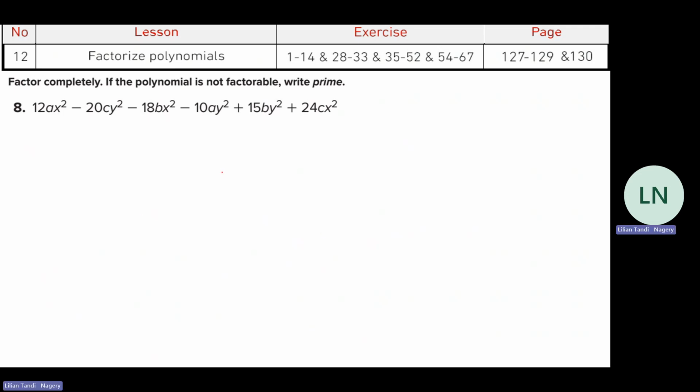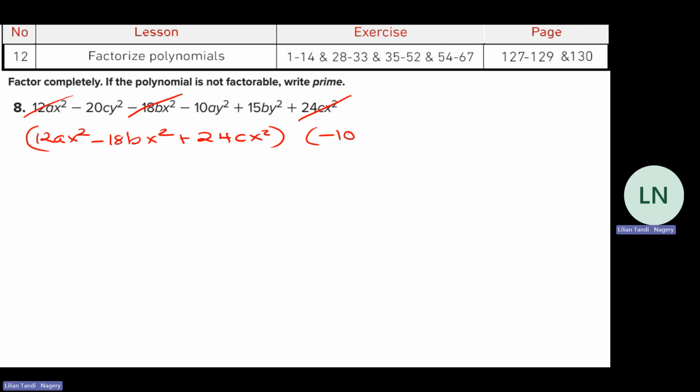Separate your x's and your y's. So you have 12ax squared minus 18bx squared plus 24cx squared. So I used this, I used that, and I used this. Okay.